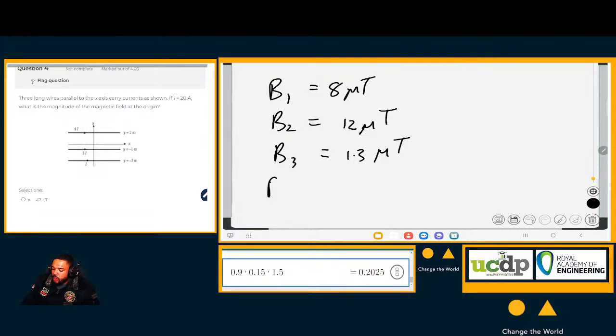Now if you work it out, B net is equal to, where these two are still going into the page, this one is coming out of the page.